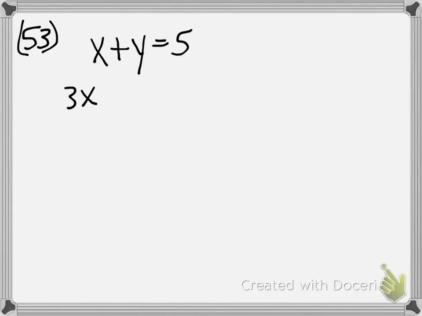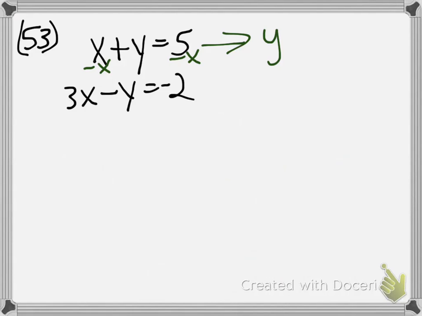All right, number 53. We're going to be graphing a system of equations. The first thing I'm going to do for each of my equations is get y by itself. So for the top graph, I'm going to subtract x from both sides and have y equals 5 minus x.